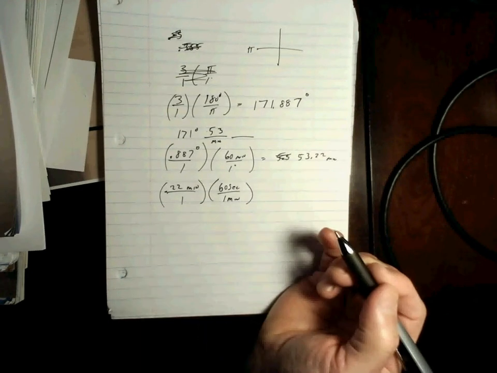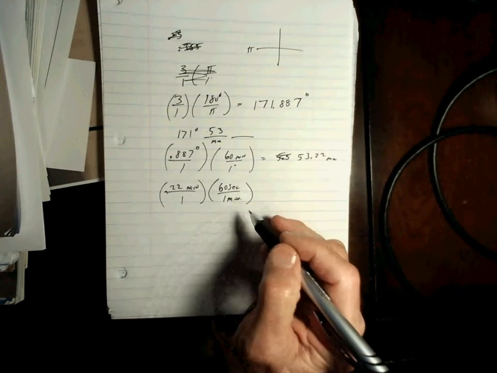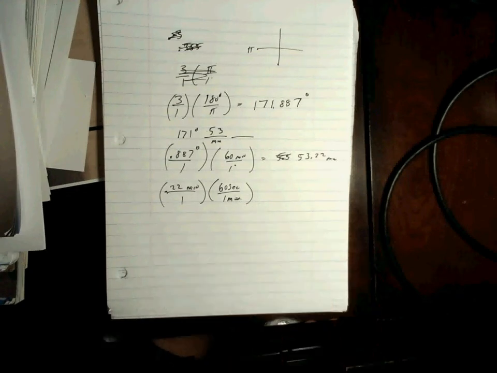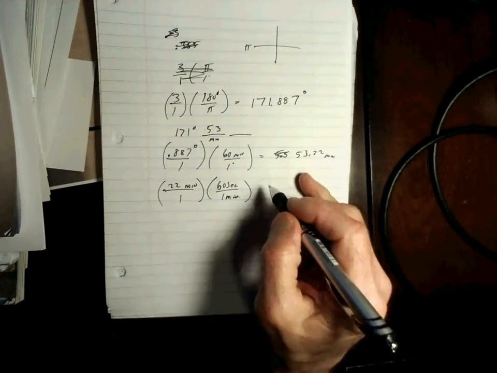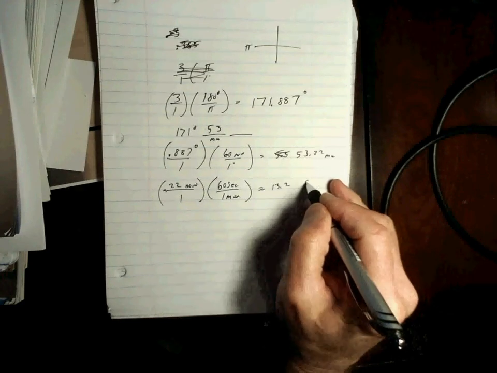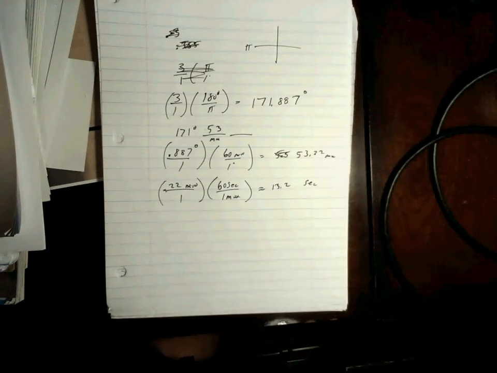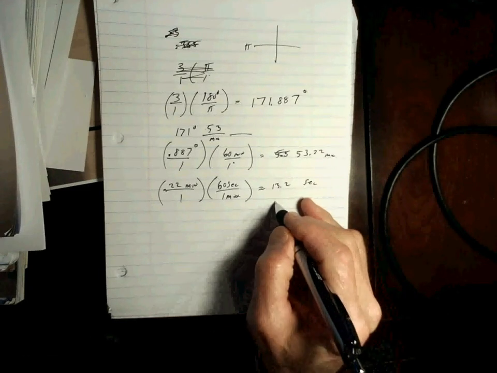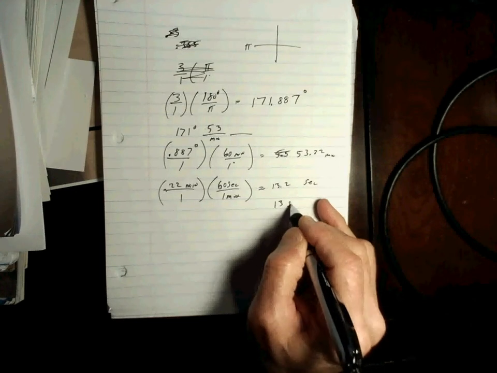The units of minutes cancel, and that will equate to about 13.2 seconds. So this isn't a whole number, so we're going to round that to the nearest second, about 13 seconds.